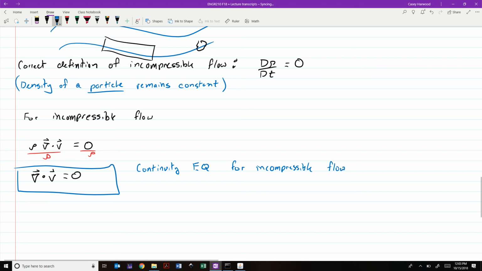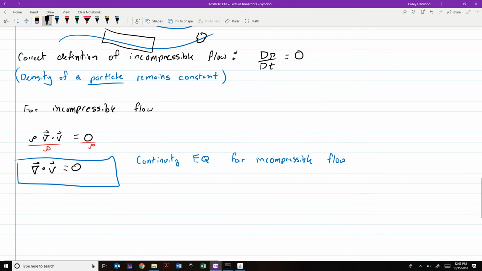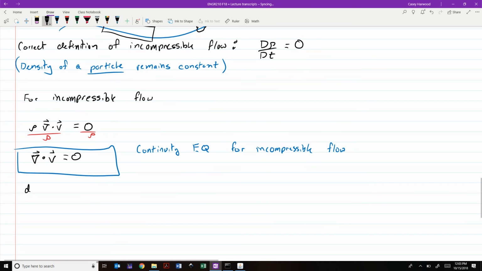We saw this before in our lecture last Wednesday. What this is saying is that du dx plus dv dy plus dw dz is equal to 0. In other words, it can't expand in all three directions at once because that involves a volumetric dilatation.